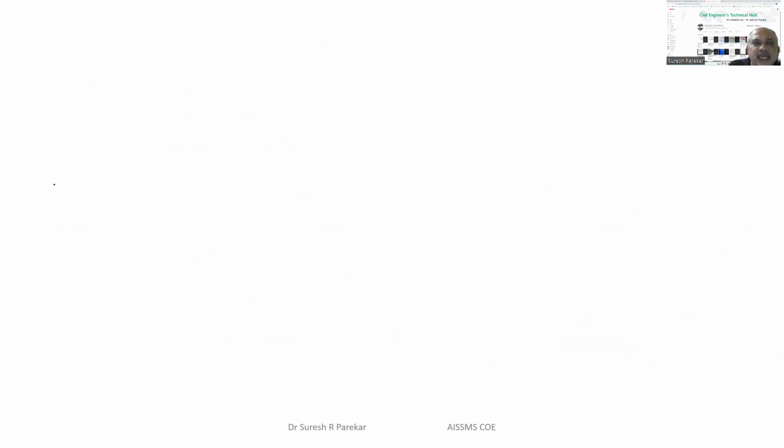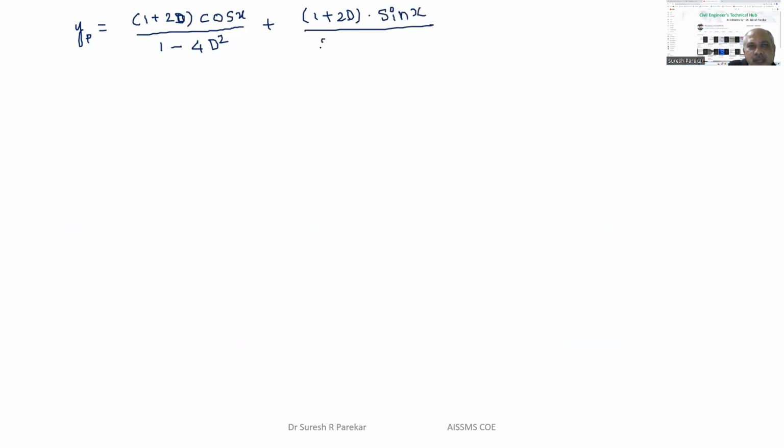So we can write it as yp, the particular integral, that is equal to 1 plus 2d into cos x divided by 1 minus 4d square plus 1 plus 2d into sin x upon 2 in bracket 1 minus 4d square.